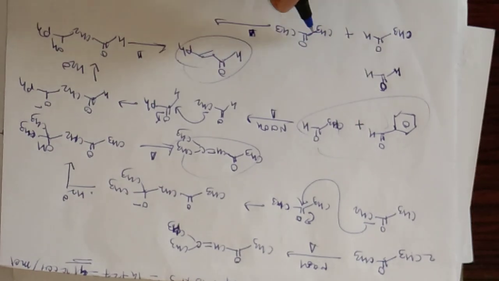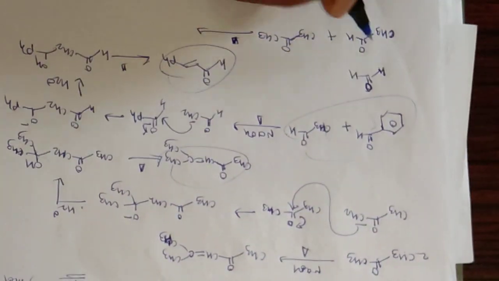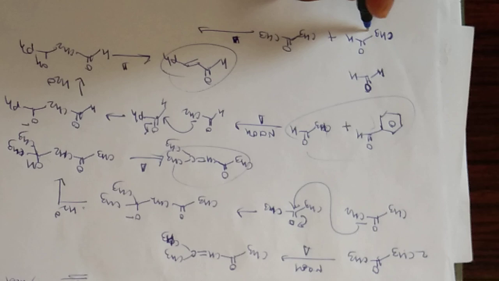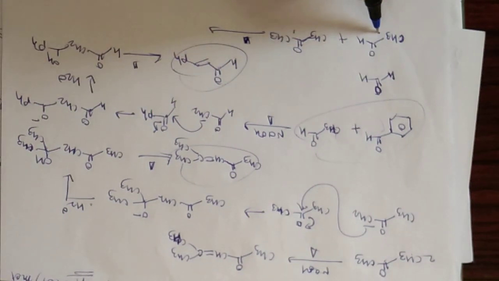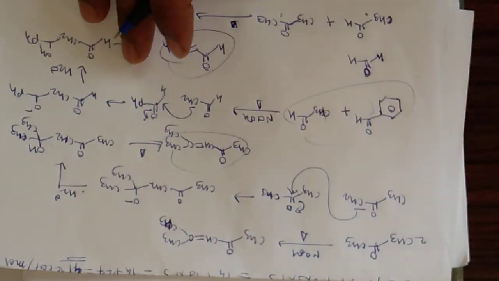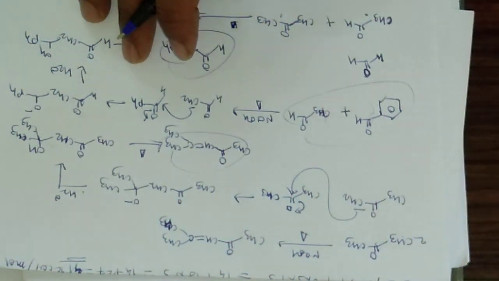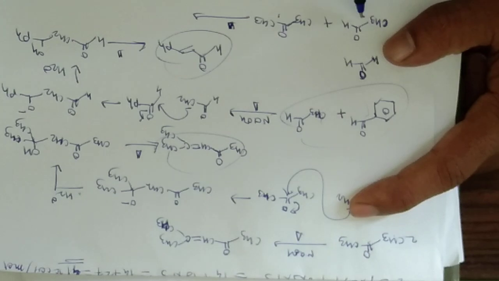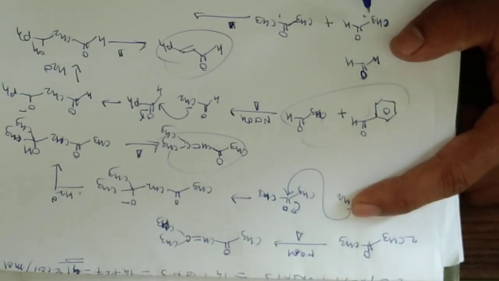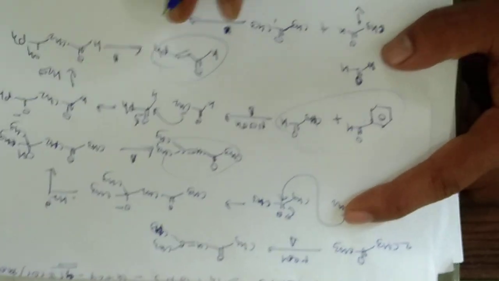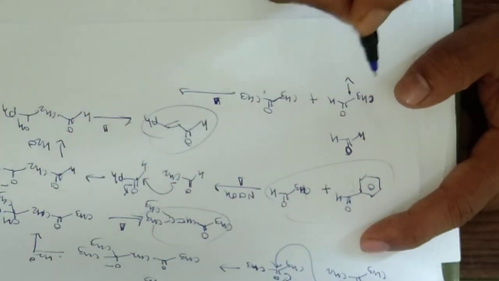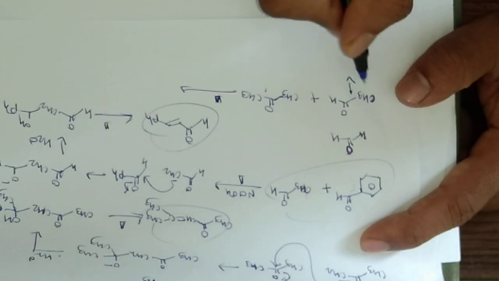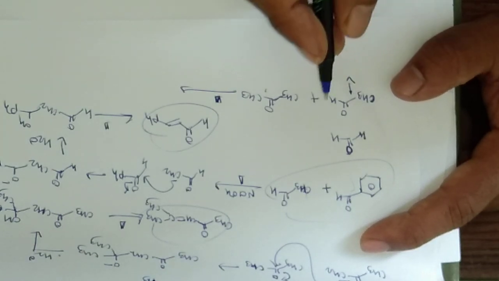So simply, this is acetaldehyde, this is acetone. Firstly, we will make the self aldol condensation of acetaldehyde with itself. So one product will be formed.